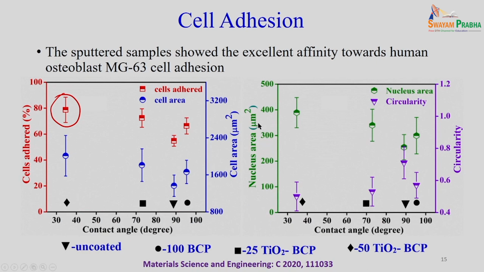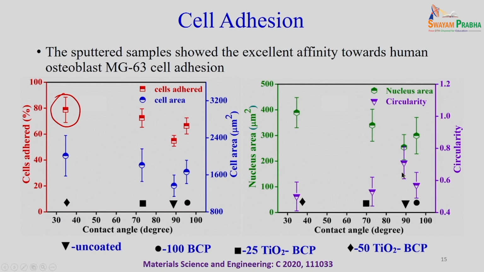Apart from this, we also see the nucleus area. Nucleus area is again increasing with coating, 100% BCP, then 25% TiO2, 75% BCP and 50% TiO2, 50% BCP. It is again increasing, and as expected the cell circularity should decrease.